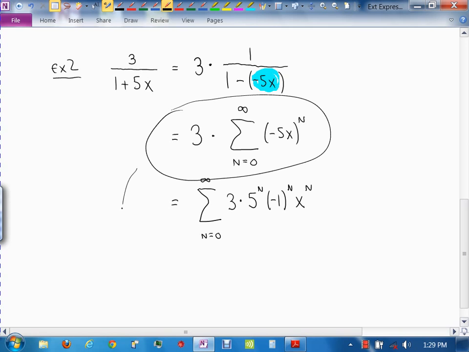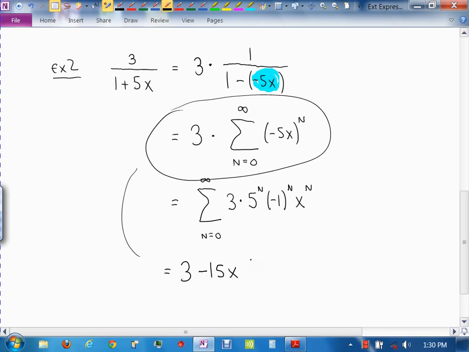So let's write out a few of these terms. Let's let n be 0. What do you get? 3. Good. Okay, let's let n be 1. So negative 5x to the first power is negative 5x. Multiply it times 3. Negative 15x. Yes? What's next? Let n be 2.